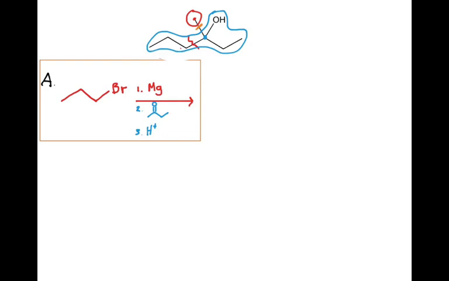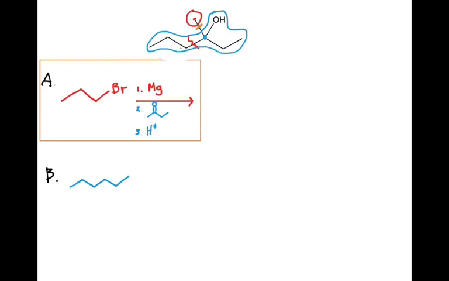So a second way to make this, and really there's 3. What I'm going to do in this case is just draw the electrophile, so let's count our carbons. 1, 2, 3, 4, 5, 6. So here I have 6 carbons. And remember, that's the electrophilic carbon.